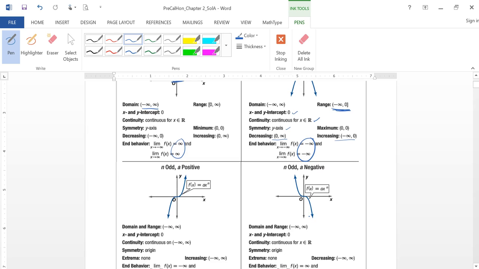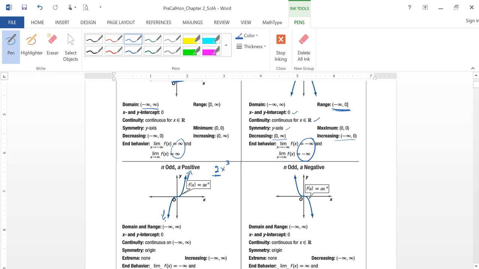Now, if you have an odd exponent, so for example, x cubed, and if you have positive 2x cubed, then it looks like this. This is an odd function now. One arm goes up, the other arm goes down, okay? And if it's positive, then the right side is up and the left side is down.